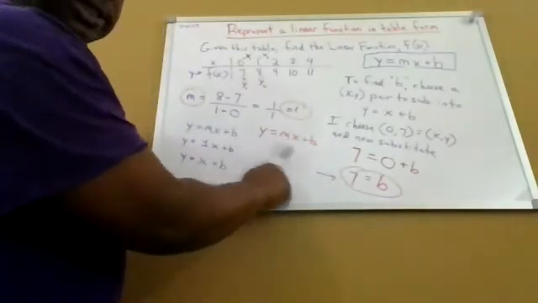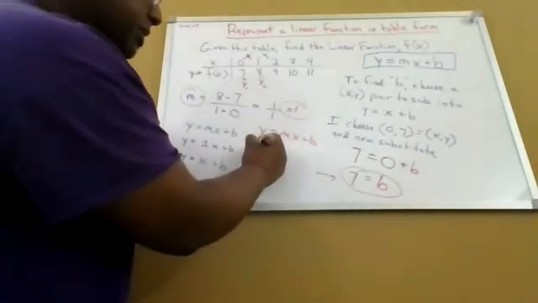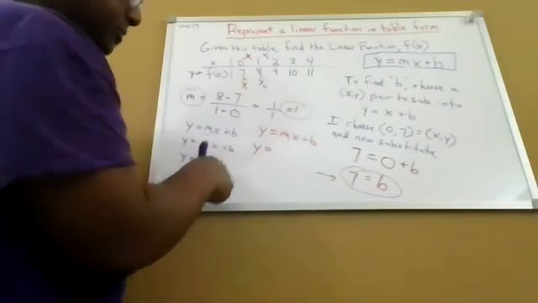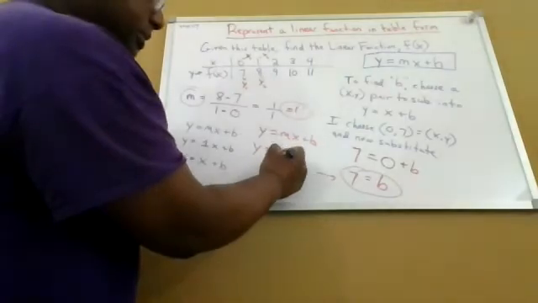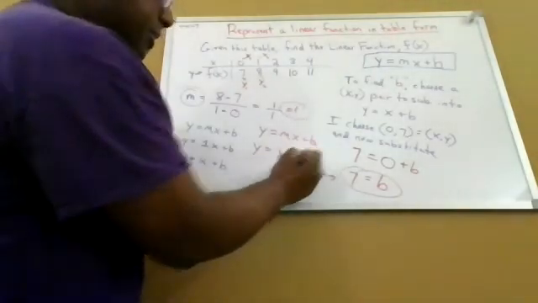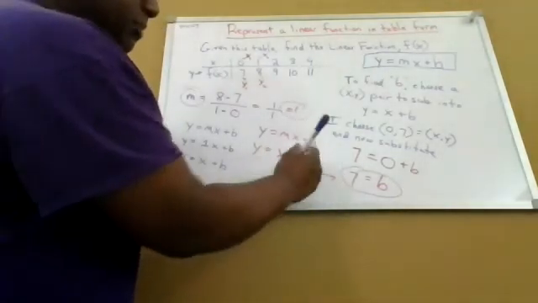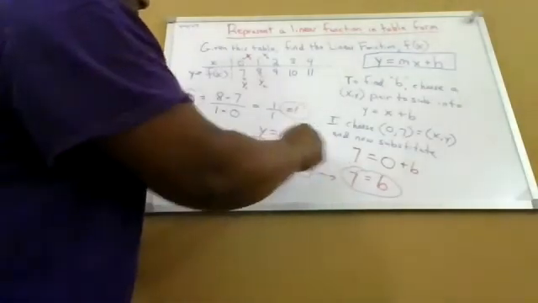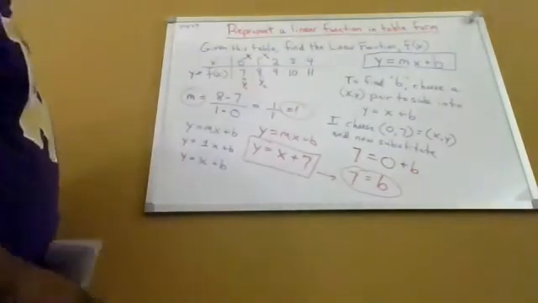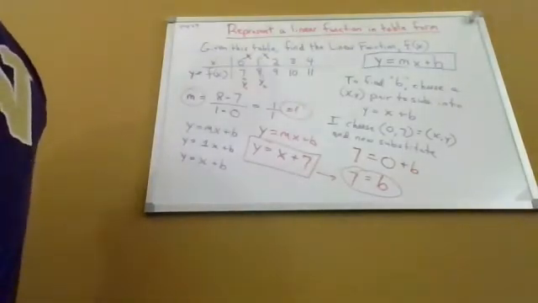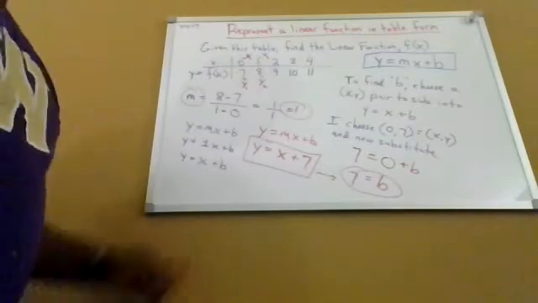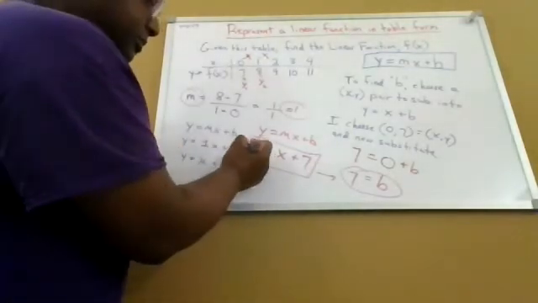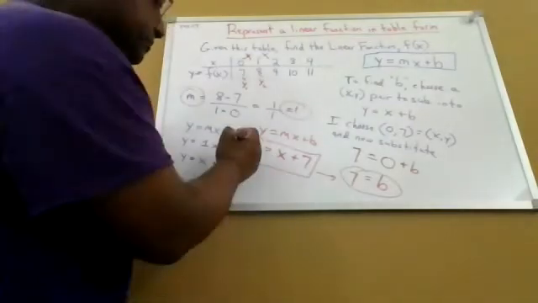So again, just in general, y equals mx plus b. So y equals, m equals 1, times x plus, and b equals 7. And then this y is f of x.